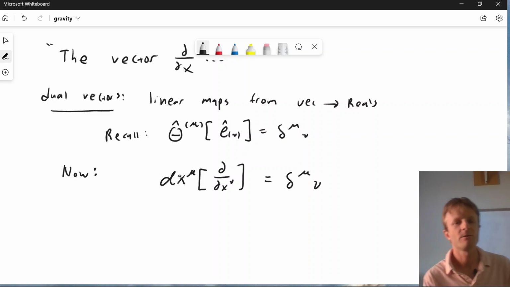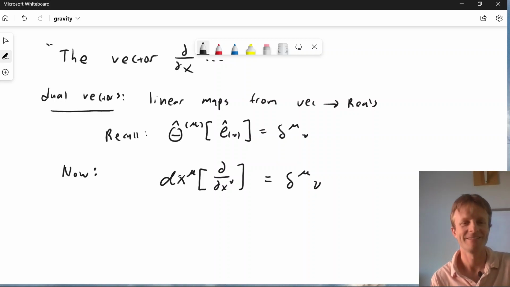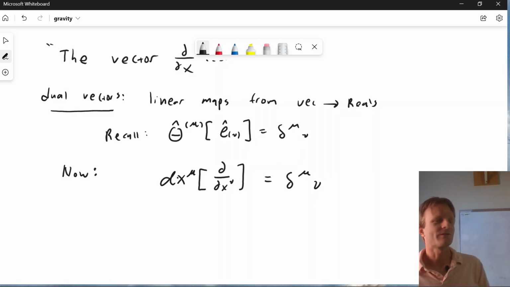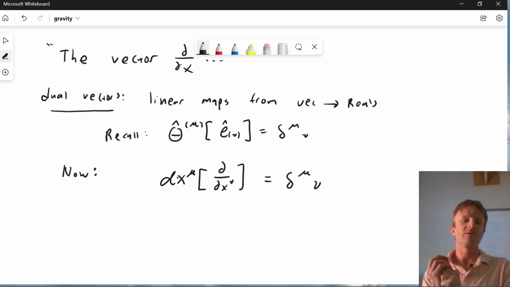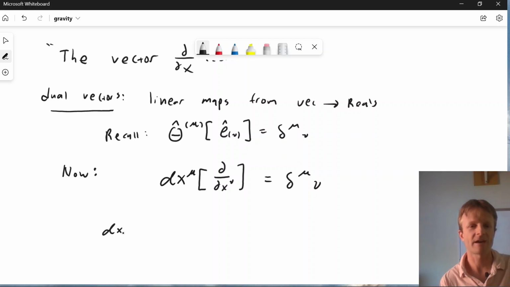So if you think about what the gradient vector does, it answers questions like, you give me a vector and I'll tell you how fast the function is changing in the direction represented by your vector. So for example, if we do the gradient of x, it answers how fast is some function you've given me changing in the x direction.